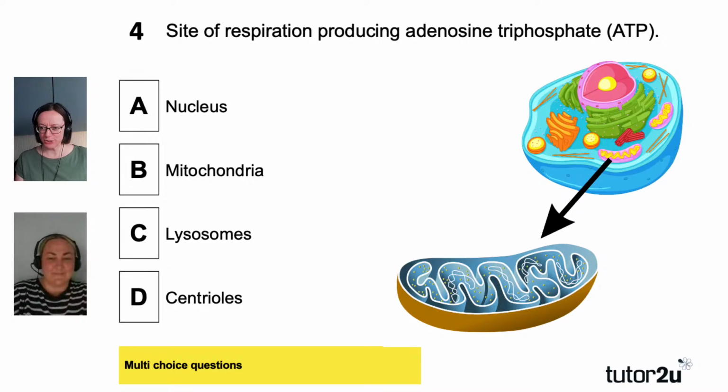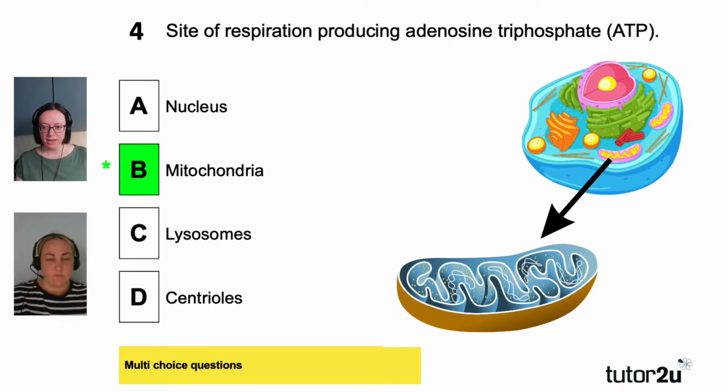So it's definitely not centrioles, is it? Because we've had that. Nucleus, I don't think it's nucleus, because I think that is the larger, like, pink structure with the yellow bit in the centre. So B or C? I would say B, mitochondria. I think you are correct, yep.